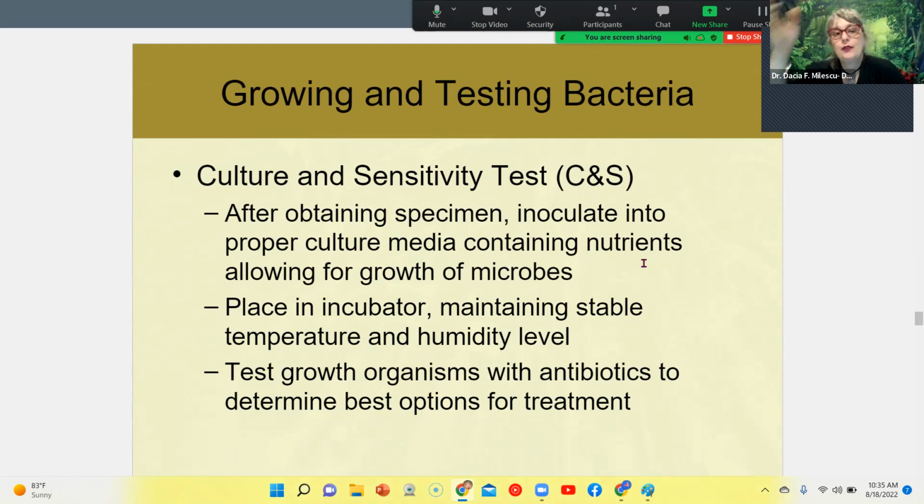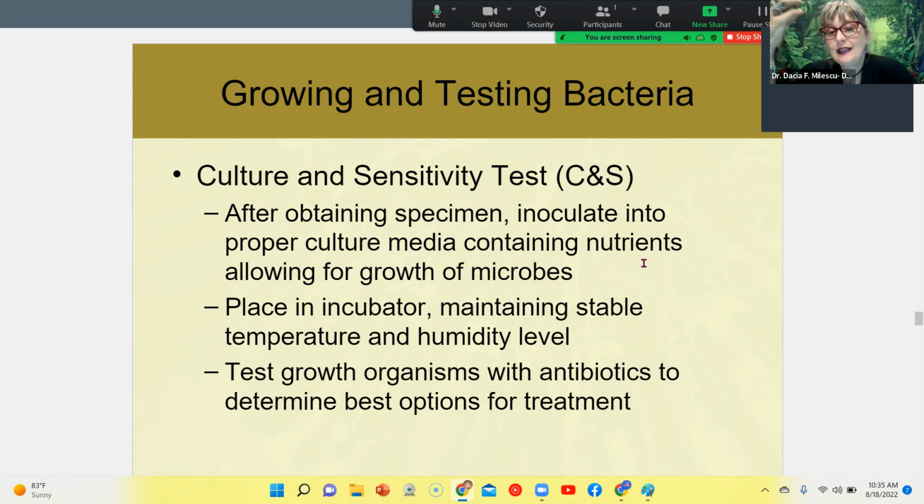All right, so then there's also culture and sensitivity, which I've been talking about, which is once you have identified the specific specimen, you inoculate into the proper culture media that have the nutrients to allow for growth. You want the microbes to grow.